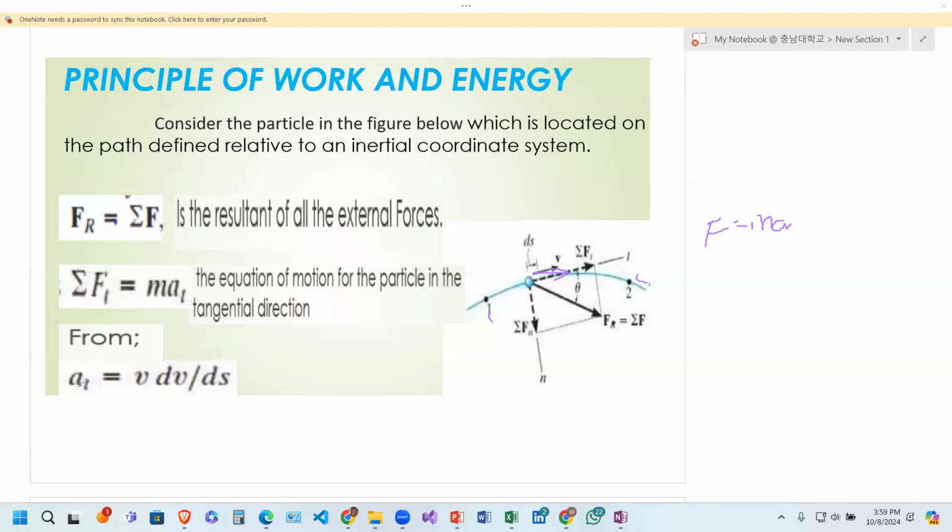But remember, from our second or third lecture, we said that the tangential acceleration, at any given time, is given by v dv over ds. So we can use this equation, integrate it, and determine the acceleration at any given time.